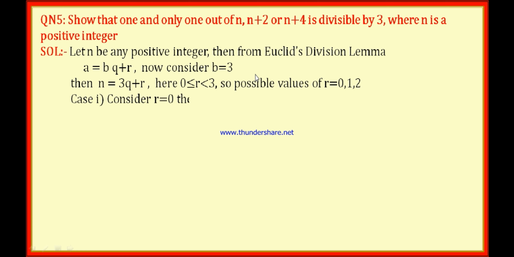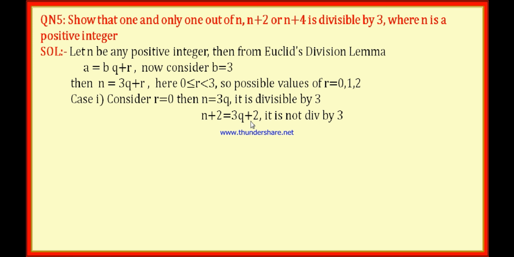Case 1. If r is equal to 0, then n is equal to 3q plus 0, which is 3q. Since n is equal to 3q, it is divisible by 3. Now the second value is n plus 2. n plus 2 means 3q plus 2.